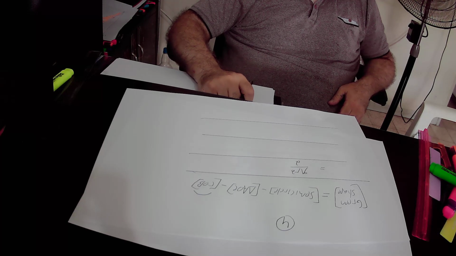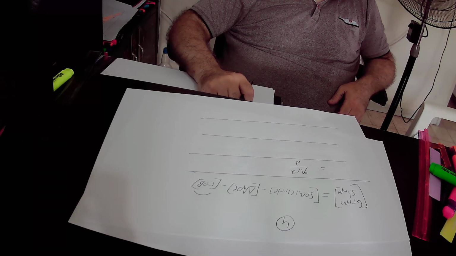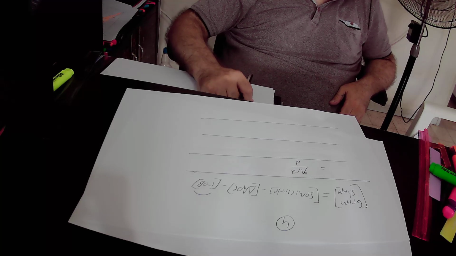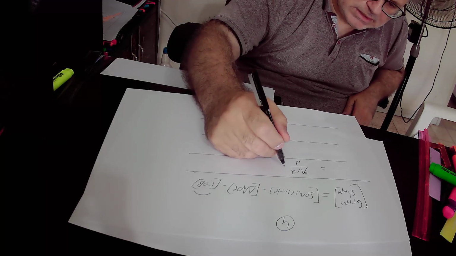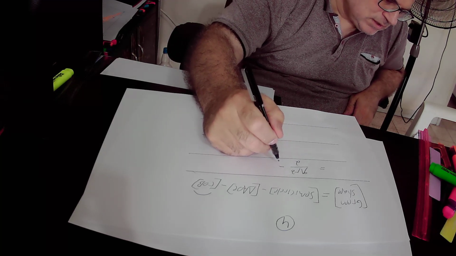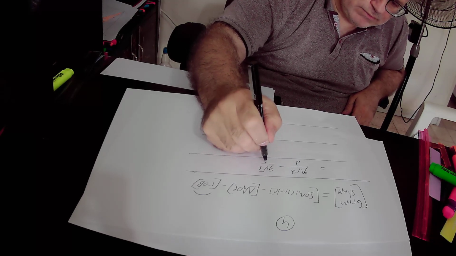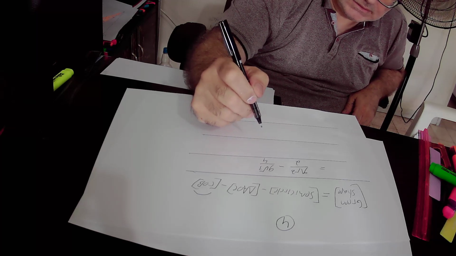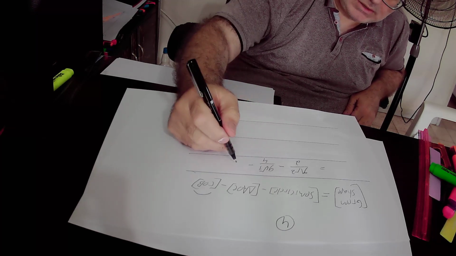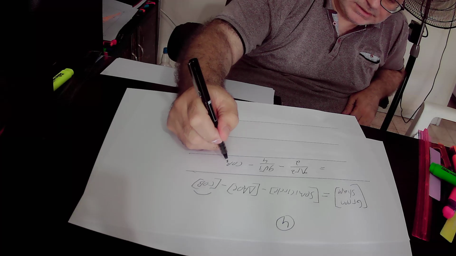Minus the area of triangle AOC, but we already found out that the area of triangle AOC equals 9 times square root of 3 over 4 square units, minus the area of sector COB.